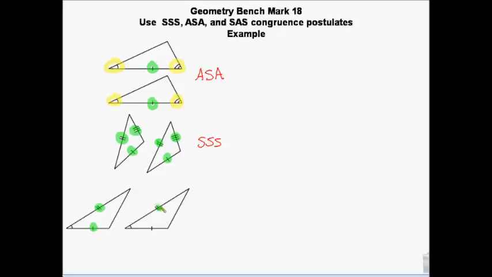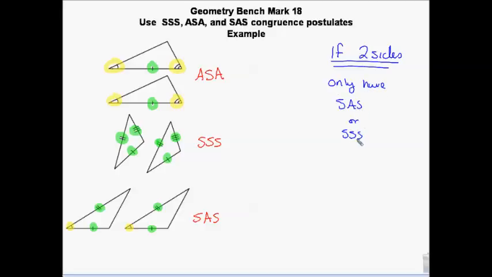Or I have two sides and an angle between them, and I have side, angle, side. Now, if I have two sides, I can only have side, angle, side, or side, side, side. So I'd need an angle in between or the third side.